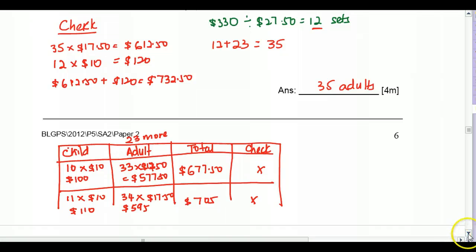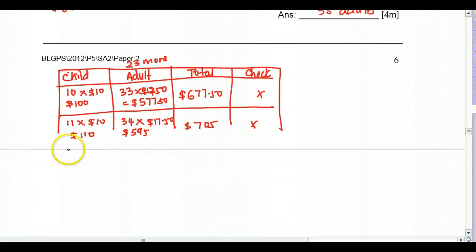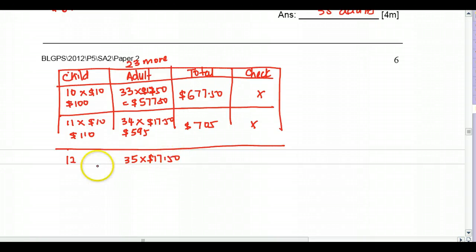The next part, I have 12 children. 23 plus 12 will give me 35 adults times $17.50, and 12 times $10 is 120. So this is 120, $612.50.